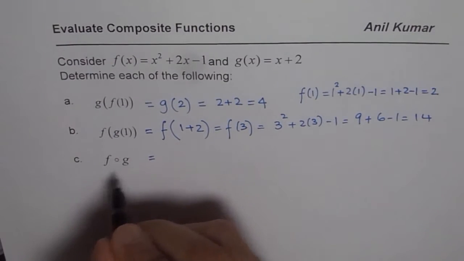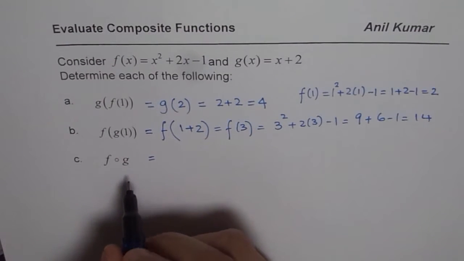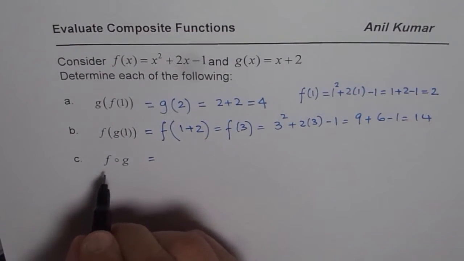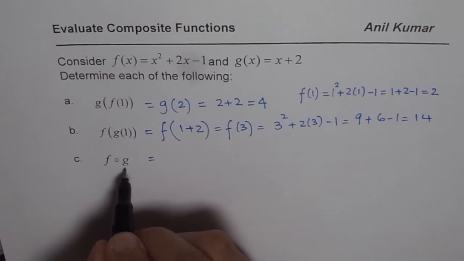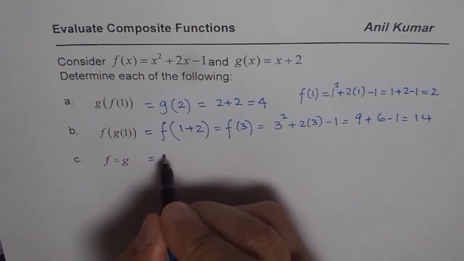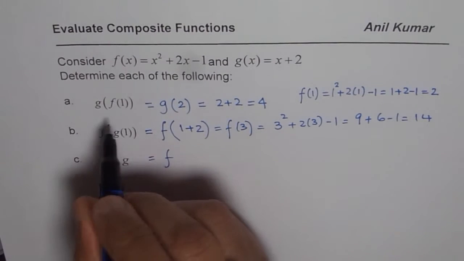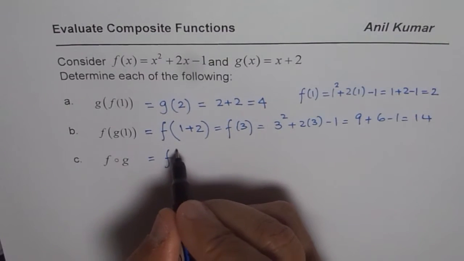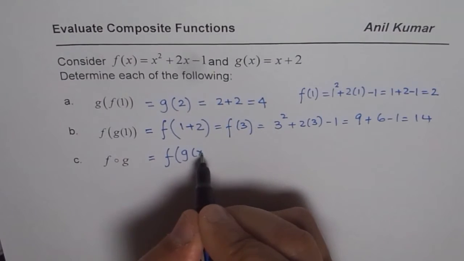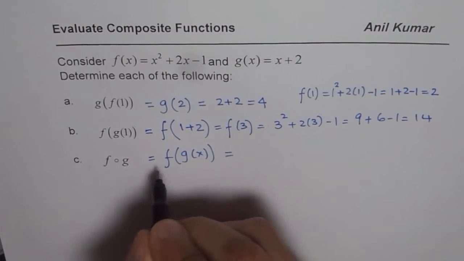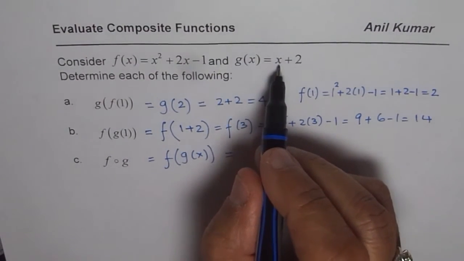The last one here is to find the function itself, f of g. So g is followed by f. Now here in this particular case, it can be written in the same way as we have written earlier. That means f of g of x, right? Now g of x is given to us as x plus 2.